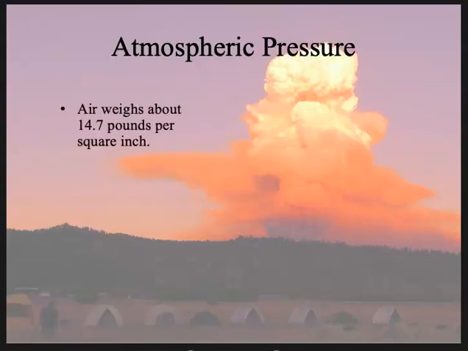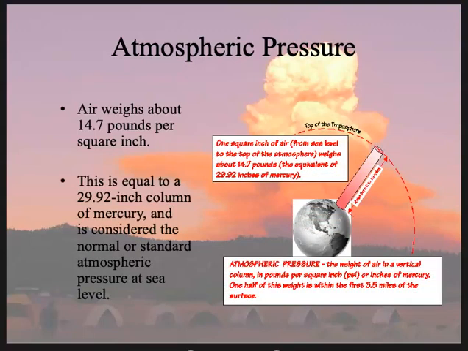So the first thing we got to understand is the fact that air has a weight. Atmospheric pressure, air weighs about 14.7 pounds per square inch. And so, the further you get above the earth, the less pressure there is, because there's less air weighing down.